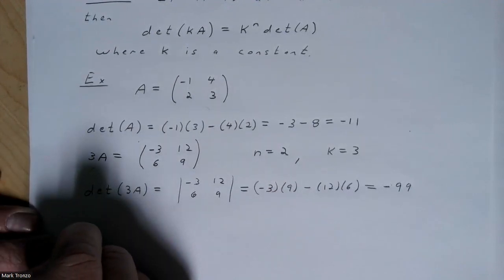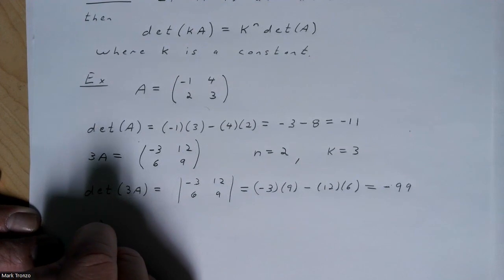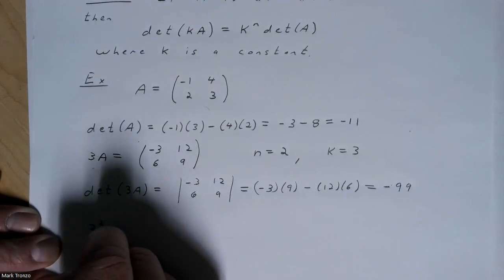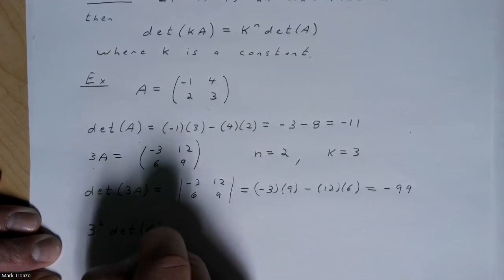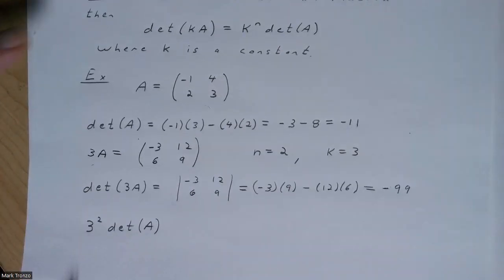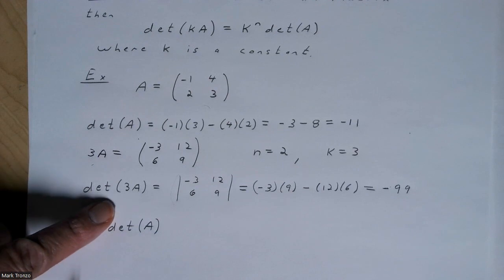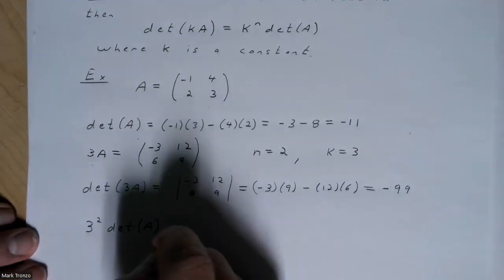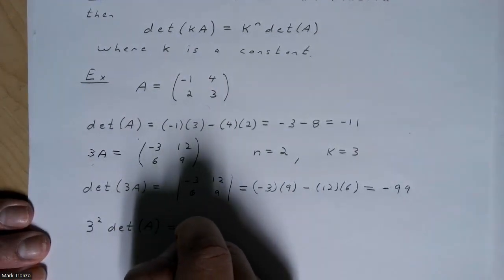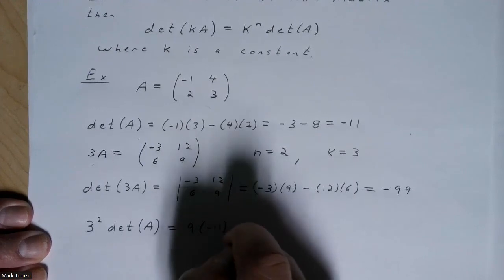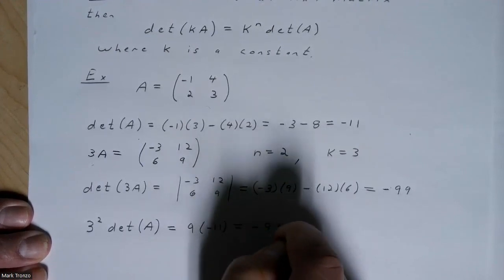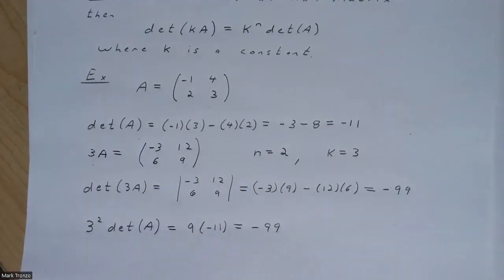So let's try 3 squared times the determinant of A. According to our theorem, that should be the same thing we get when we take the determinant of 3A. And so it's going to be 9 times the determinant of A, which was minus 11. And we get minus 99, it checks.